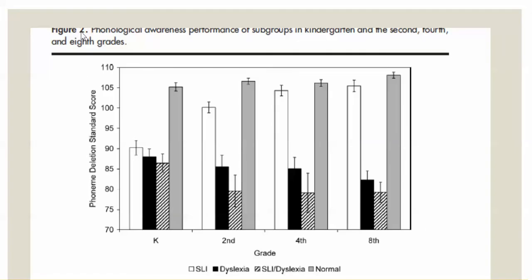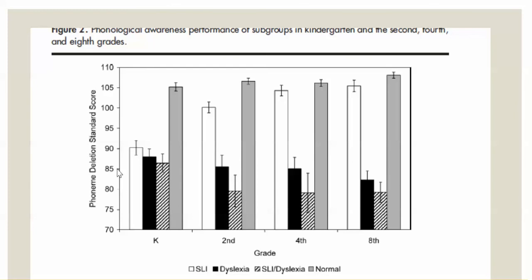On this particular graph, figure 2 from that article, we looked at phonological awareness performance of subgroups in kindergarten, 2nd, 4th, and 8th grade. This is a phoneme deletion standard score. Standard scores range from approximately 50 to approximately 130, with 50 being incredibly low.